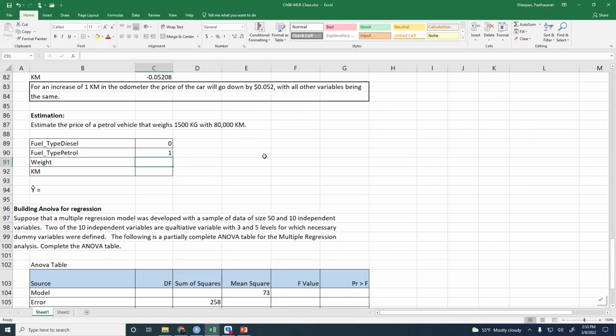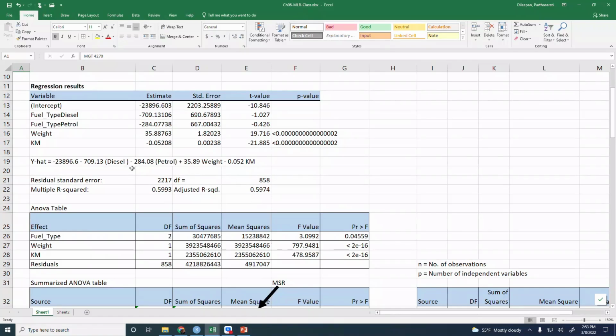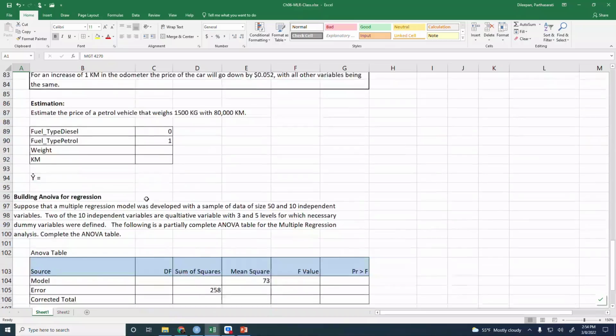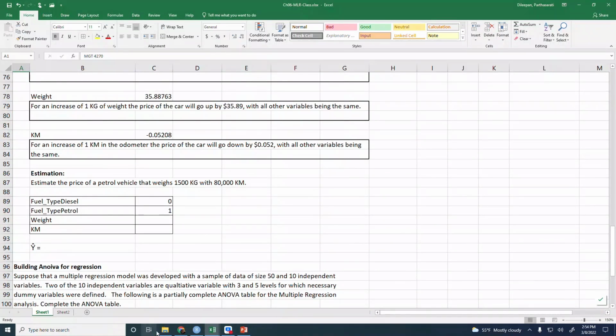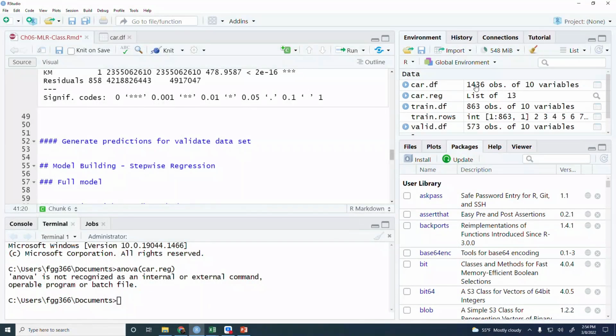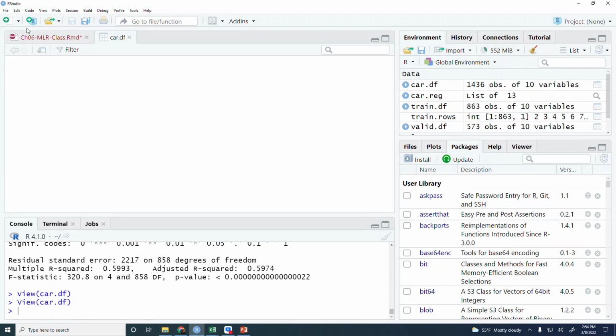And weight, we need to make sure in what dimension or units the weight is given. So let's go back out here and see.